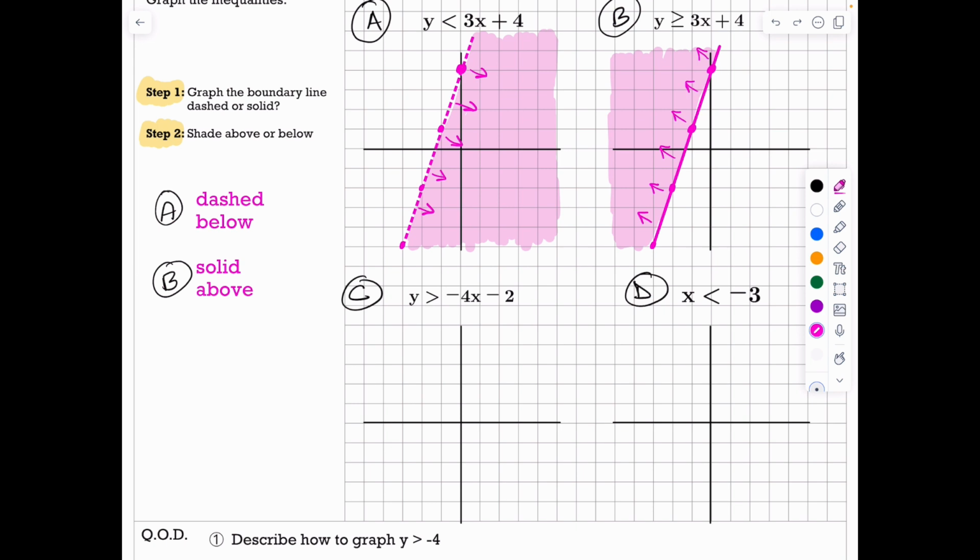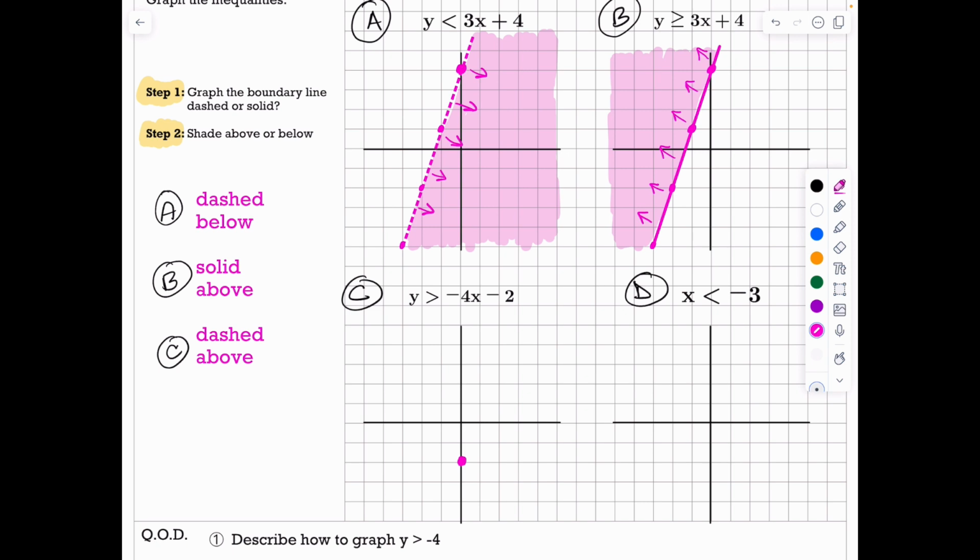Okay, letter C. Dashed or solid? Dashed. Above or below? Below. Okay, so I graph my boundary line. I plot the y-intercept, and then I'm going to use the slope to determine more points. Can't really go down right here. I've run out of graph, so I've got to go up.